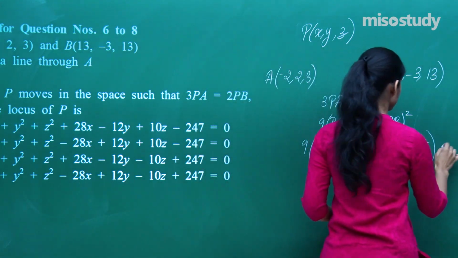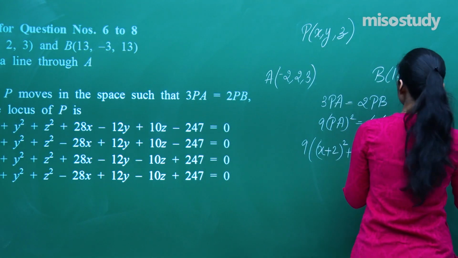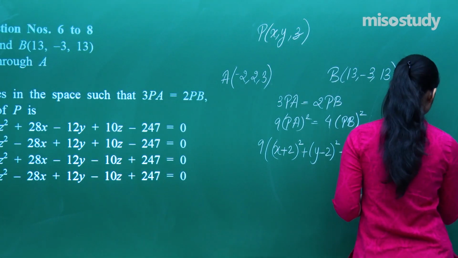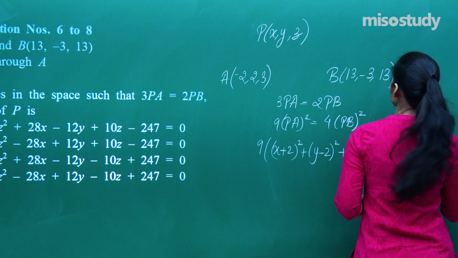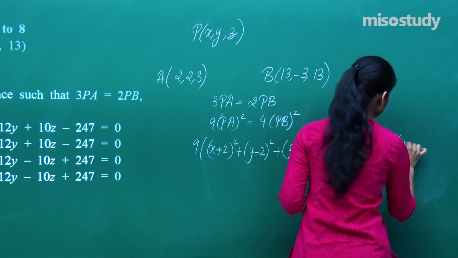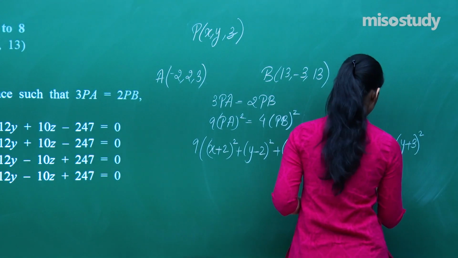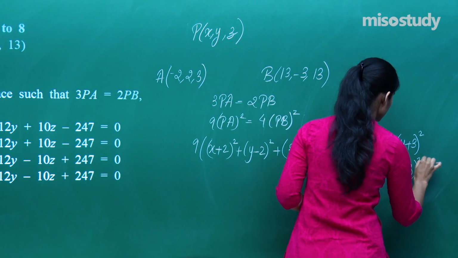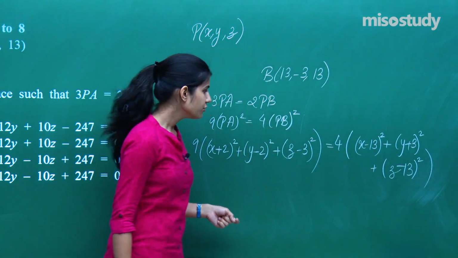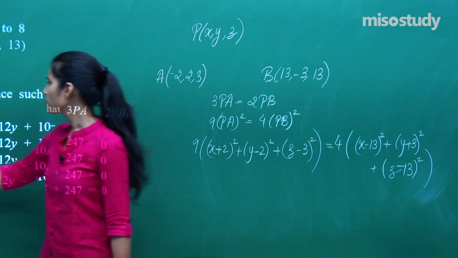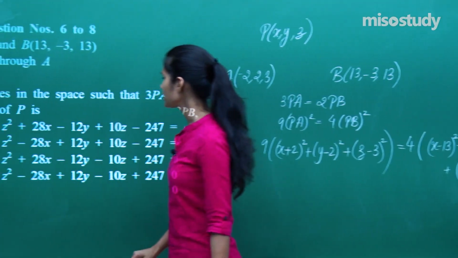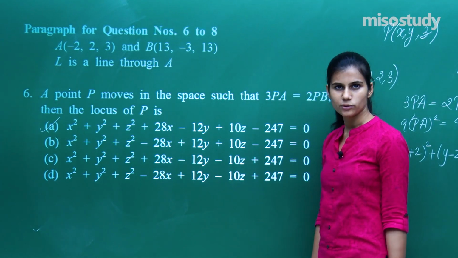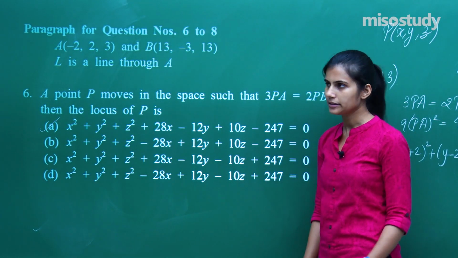Fine. Then from here you have 4 times PB, so basically you get x minus 13 square plus y plus 3 square plus z minus 13 square. When you resolve this, you basically get x square plus y square plus z square plus 28x minus 12y plus 10z minus 247 equals 0 as the locus of point P.